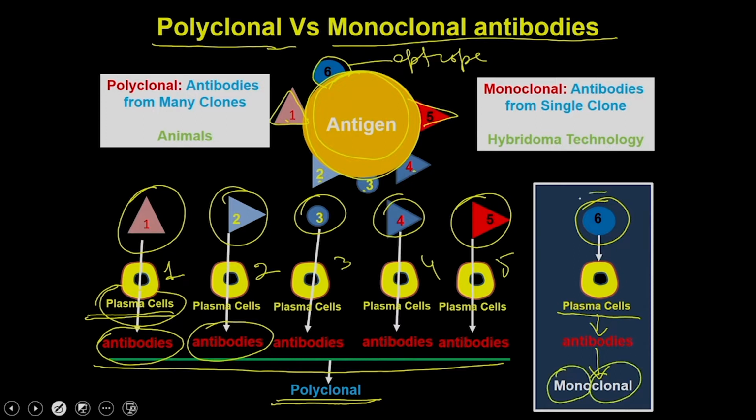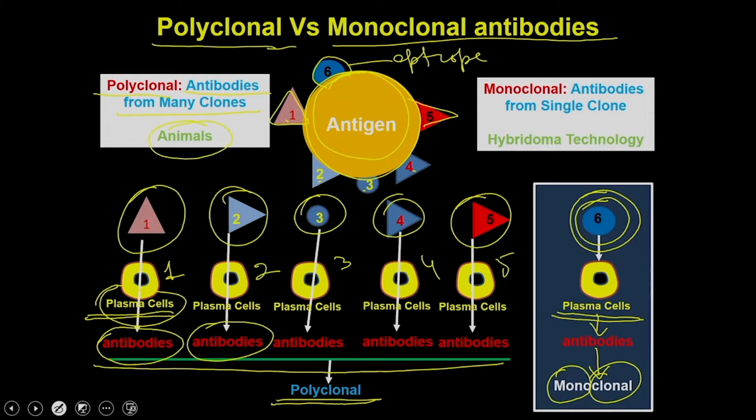So, if a single epitope is processed by a single clone and you are collecting the antibodies from a single clone, then it is called monoclonal antibodies, whereas polyclonal antibodies are the antibodies from many clones, and polyclonal antibodies are produced inside animals under natural conditions.